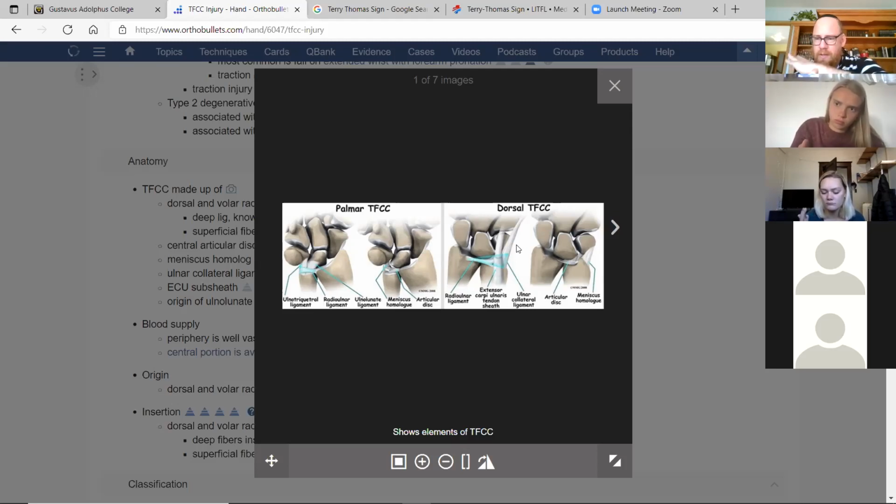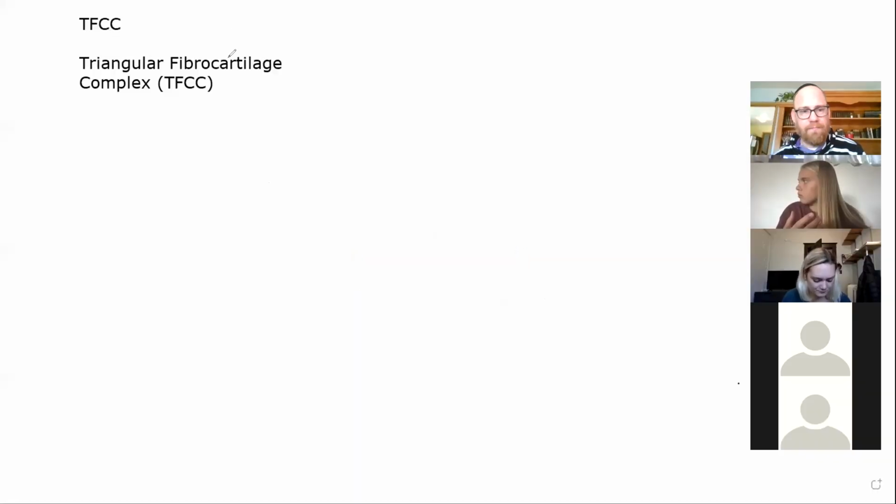The TFCC, that's what it looks like, but let me give you the components of it. What makes up the TFCC? Components of the TFCC.